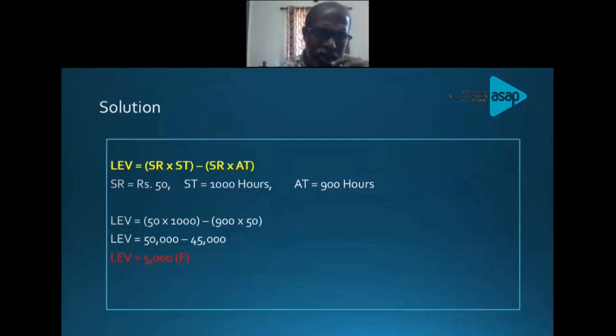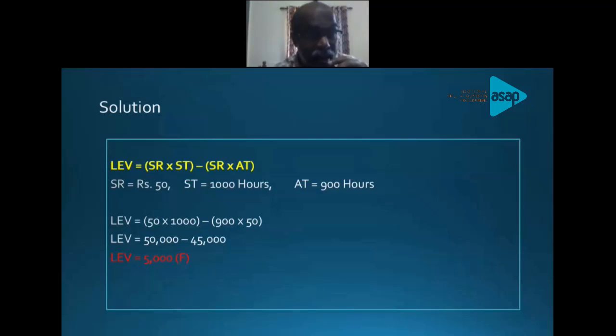This is the methodology. The standard time here is 1000 hours, and the employees have completed the job by taking less than the permitted time, so they are efficient. Their efficiency is more than 100%. The 100% will be reached when the actual time taken for completing the job is exactly equal to the standard time. That is why this variance is known as efficiency variance.